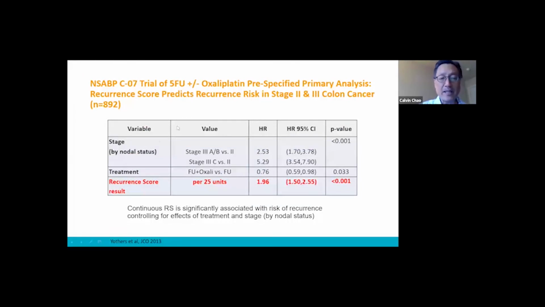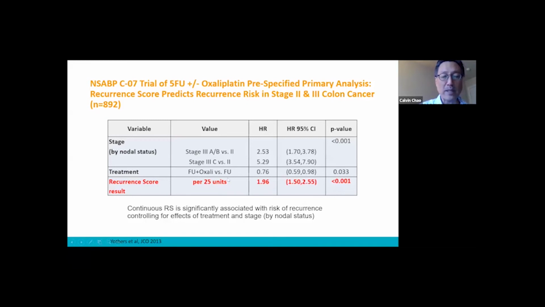And the third study was now a study that went into stage 3 colon cancer as well as stage 2. And this NSABP C07 study looked at 5-FU plus or minus oxaliplatin therapy. And what we saw once again is that the nodal status is important, the stage of the disease, as well as the treatment effect was observed to have some contribution of the risk.